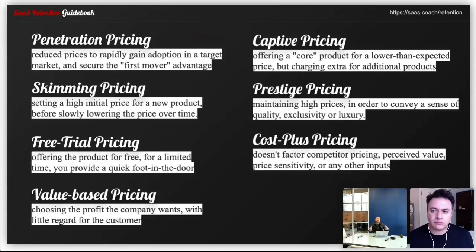This is something where you're launching a new product and you want to gain scale, and you're undercutting the price so that you can bring in a lot of users and have that clout of owning the market. Then you can have strategies in the future of either increasing the prices, adding add-ons to it, whatever it might be. But in the beginning, you just want to get volume as much as possible.